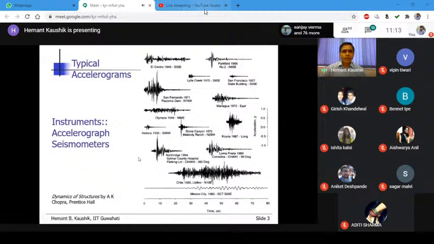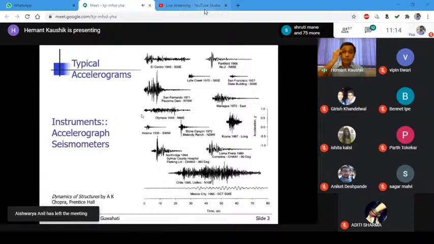Now one thing is very important here: the acceleration recorded by each of these instruments in different earthquakes. There is a maximum value, maybe on the negative side or on the positive side. That maximum value of the ground motion record of the accelerogram is called the peak ground acceleration, and it has a very important role in seismic design. We'll discuss that.